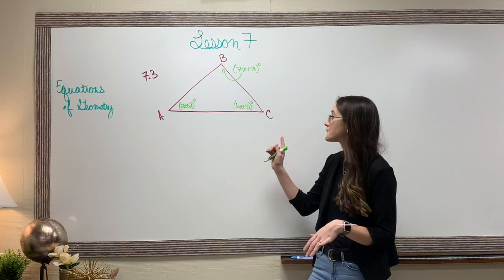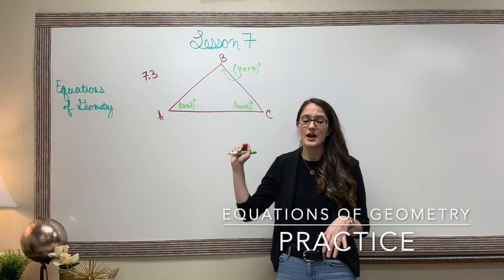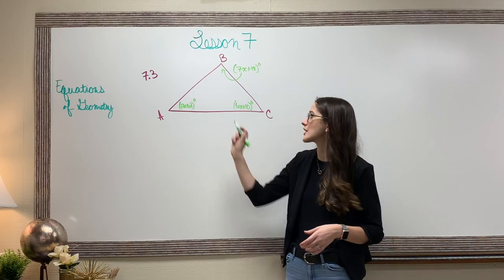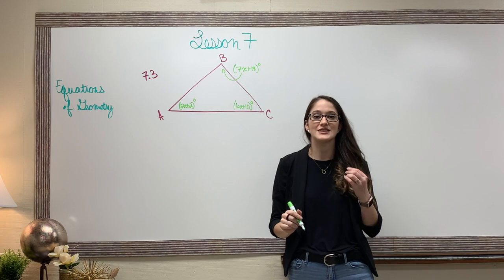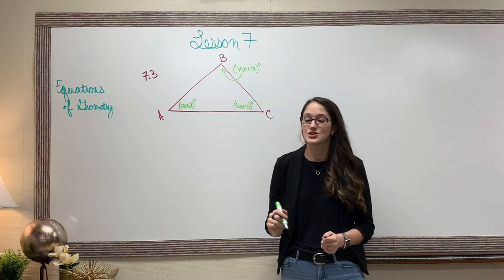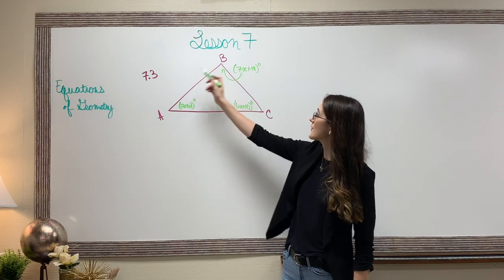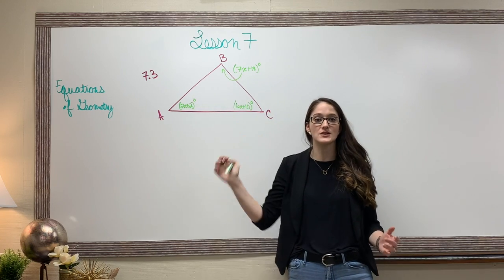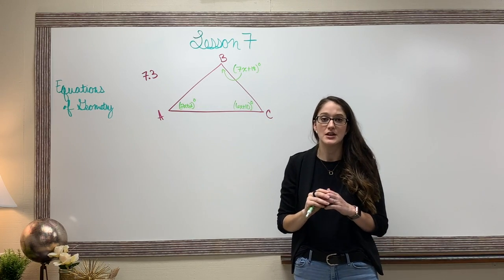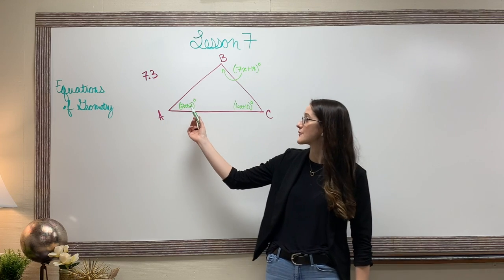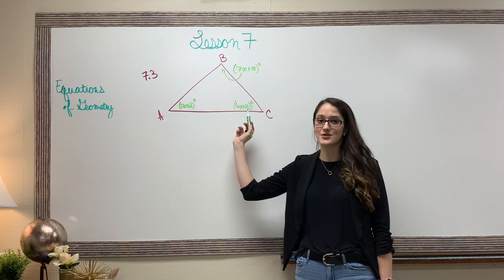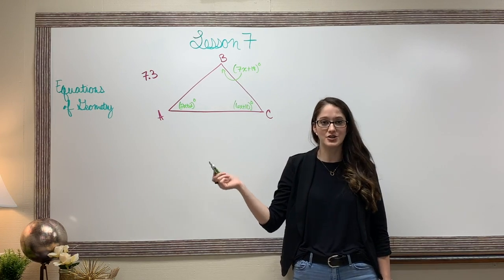In this first one, we have a triangle, and the instructions don't say find the 3 angles. It says find x. So we know that all 3 of these angles combined is going to equal 180 degrees. So what I can do is set this up for angle A plus angle B plus angle C is going to equal 180 degrees.